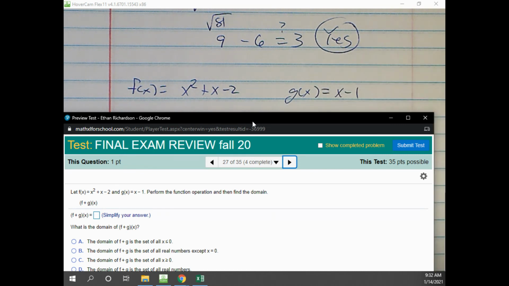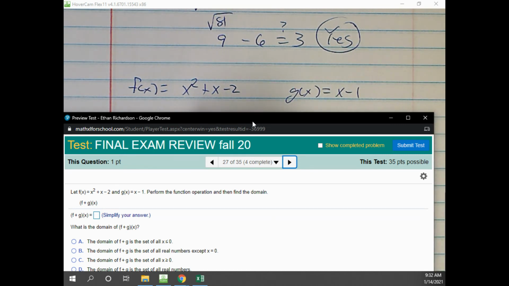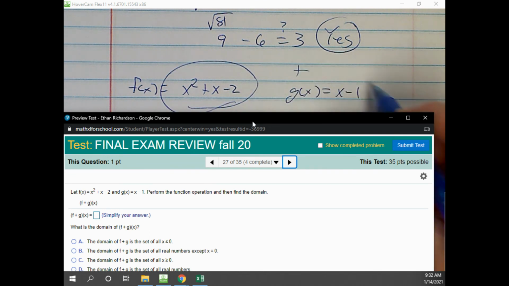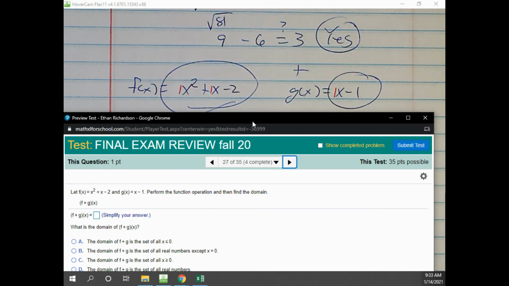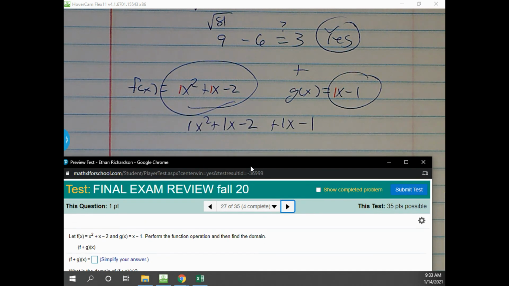It says to do f plus g, so we're going to take this and add it to that. If it helps, you can put 1s in front of all the x's. So it's 1x squared plus 1x minus 2, and we're just going to add that to 1x minus 1.